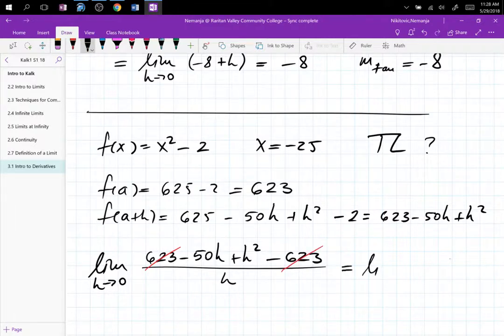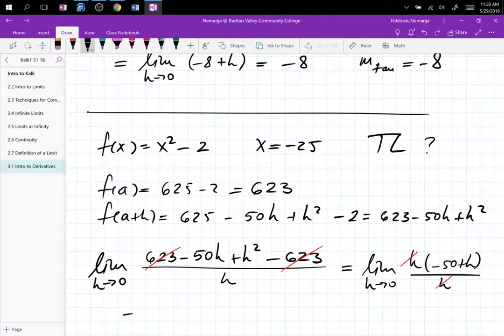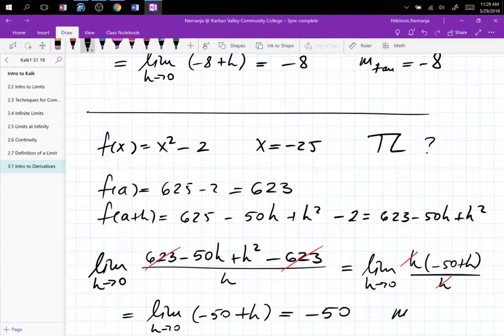We factor out h with a negative 50 plus h in parentheses. Now these guys drop. And we have the limit h goes to 0 of negative 50 plus h, which gives us negative 50 for the slope of the tangent line to be equal to negative 50.